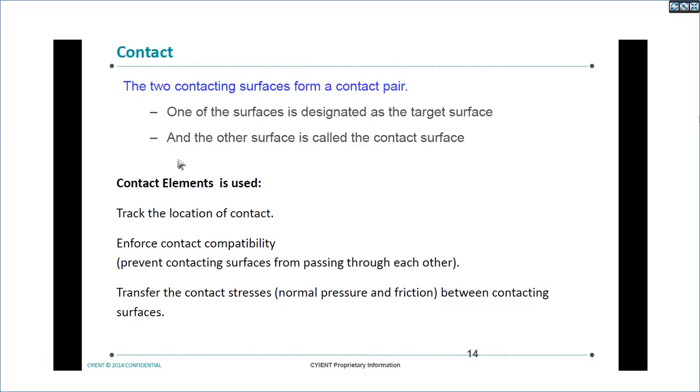Vice versa, you can swap also. One surface is designated as the target surface, and the other as the contact surface. Contact elements are used to track the location of the contact, enforce contact compatibility, and prevent the surfaces from passing through each other. That means if you don't define contact and you apply the load, this component will pass through itself. It won't recognize this surface or this geometry, so it will move forward.